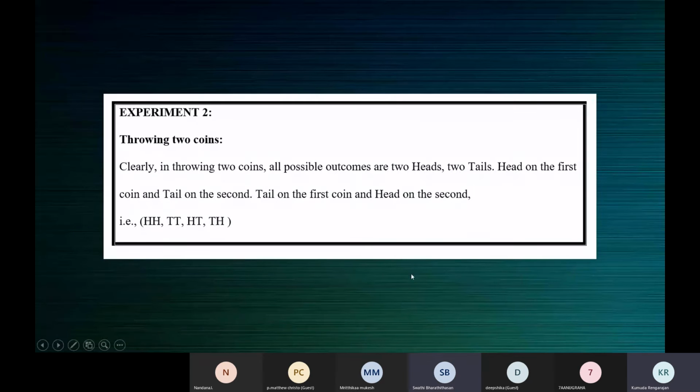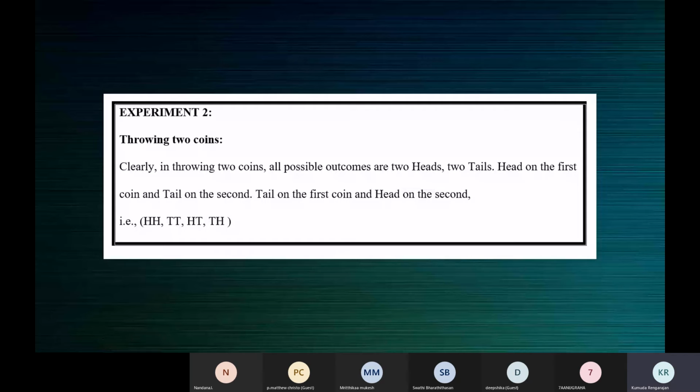So this all is possible. When they land on the ground, HH, or both tail, TT, or first coin head and second coin tail, or first coin tail and second coin head. Nothing other than this you can get.